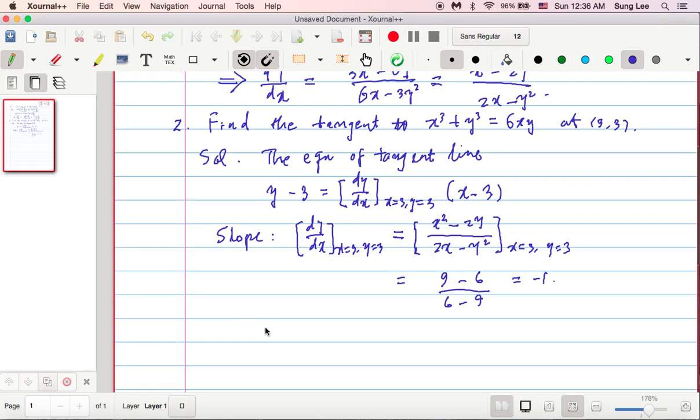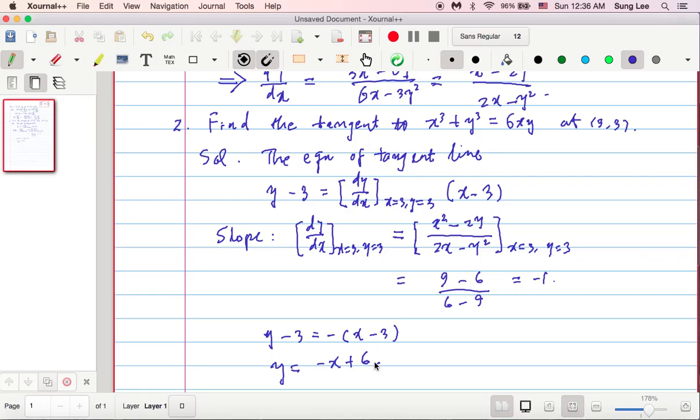So the equation of the tangent line is going to be y minus 3 equals negative 1 times x minus 3. If you solve this for slope-intercept form, y equals negative x plus 3, and if you move negative 3 over, that becomes plus 6.